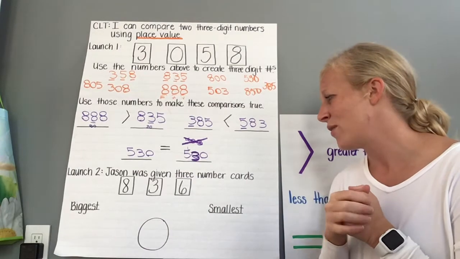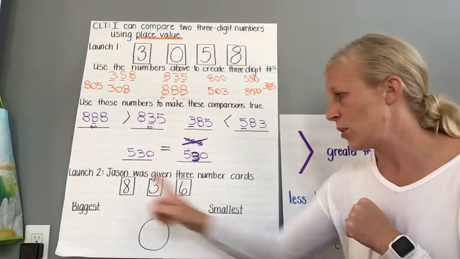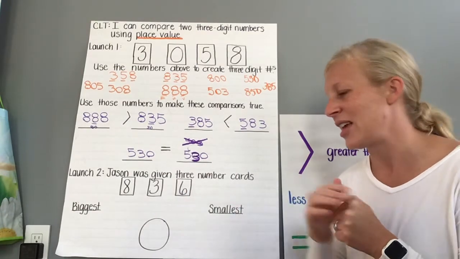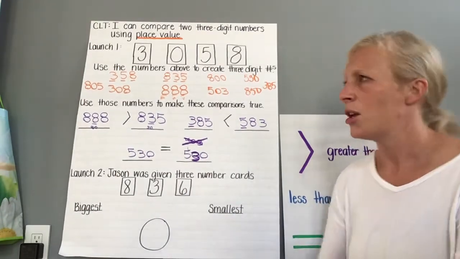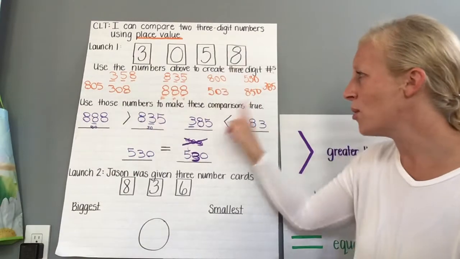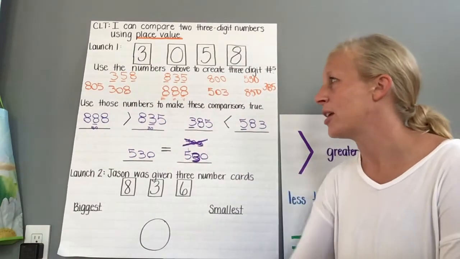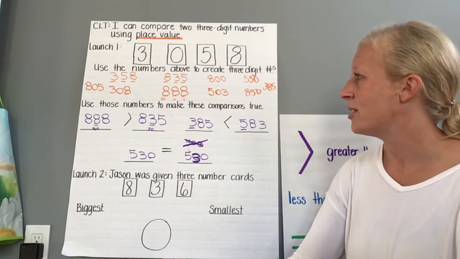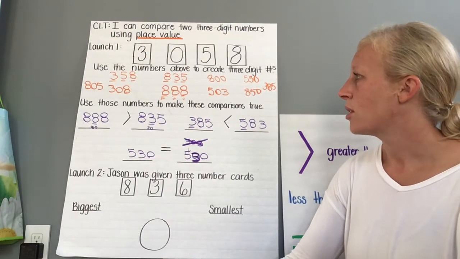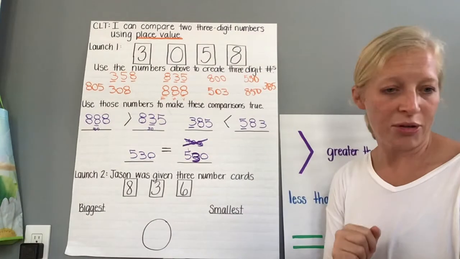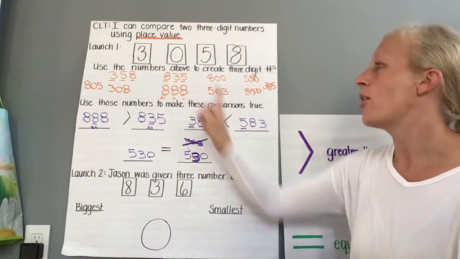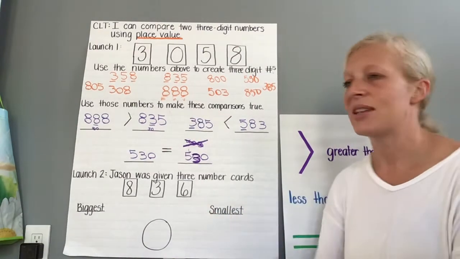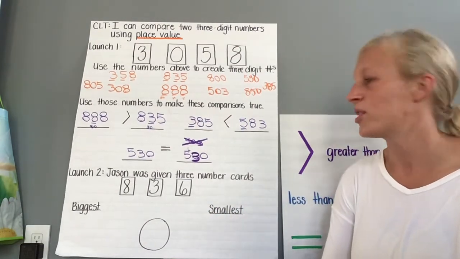Let's take a peek at launch number 2. Jason was given 3 number cards. He was given an 8, a 3, and a 6. Going back up here, what was the biggest number we had up here? Why 888? Because it had the biggest number in the hundreds place, the biggest number in the tens place, and the biggest number in the ones place.